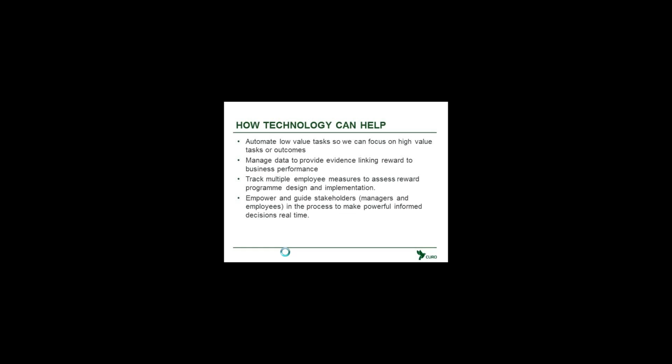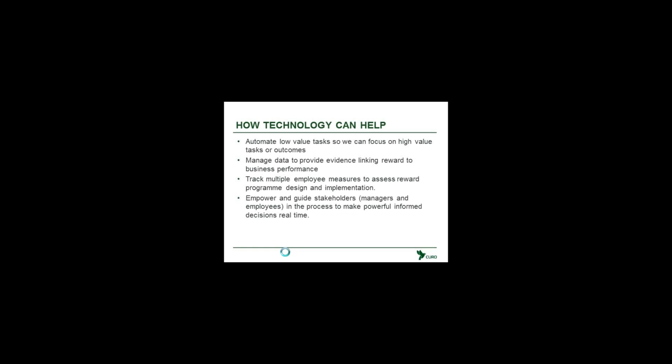But today, there is a lot of debate, as you're probably all aware, around managing data and managing different types of data in order to improve the way that we manage reward and link that to business performance. And that's really where technology can help you also in terms of manipulating that data. It can bring together all that employee data that you need to make strong evidence-based decisions.